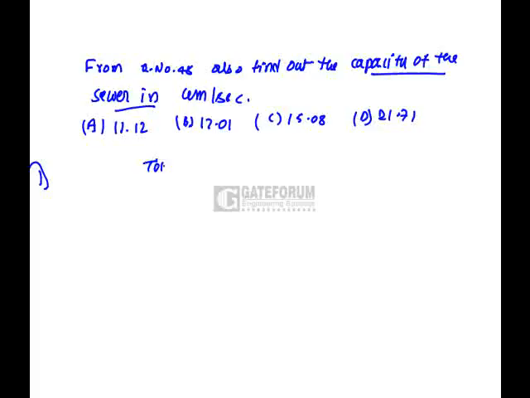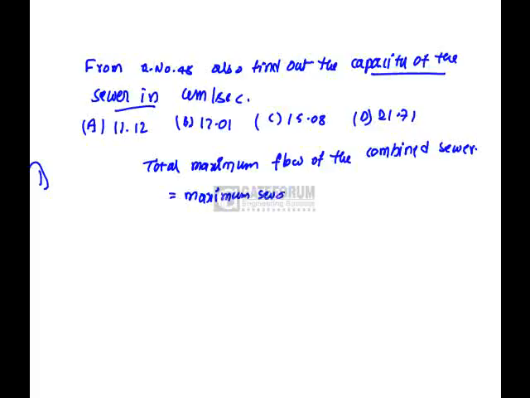So total maximum flow of the combined sewer is equal to maximum sewage flow from the above question plus storm flow, that is equal to 6.75 plus 8.33.